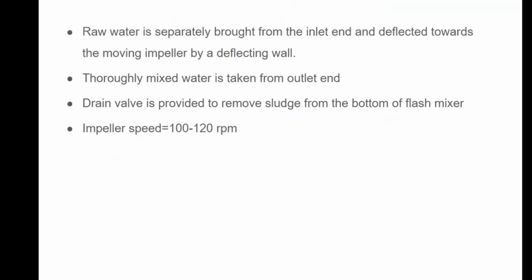The raw water is separately brought from the inlet end and deflected towards the moving impeller by a deflecting valve. Thoroughly mixed water is taken from the outlet end, and a drain valve is provided to remove sludge from the bottom of the flash mixer. The impeller speed range is 100 to 120 RPM.